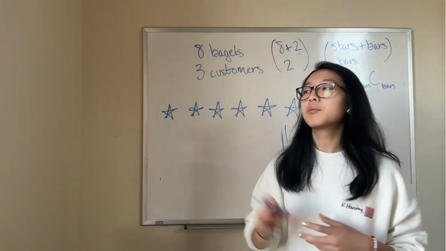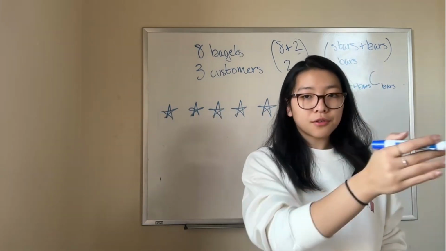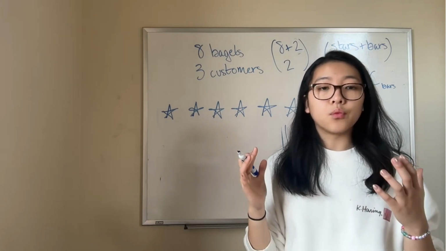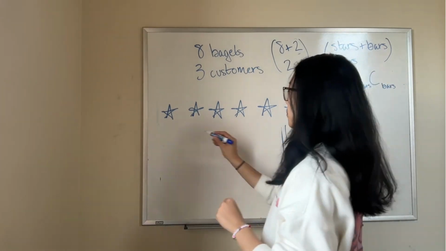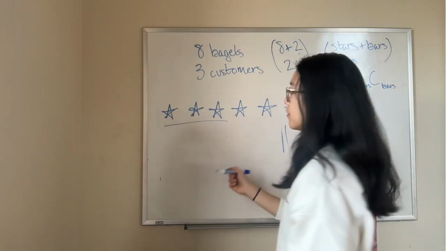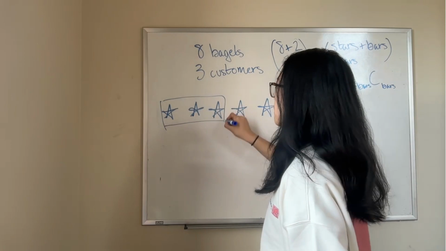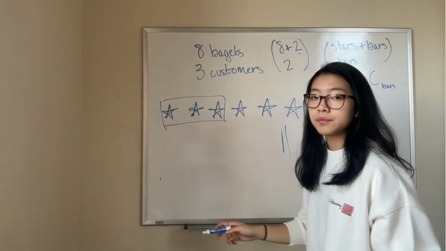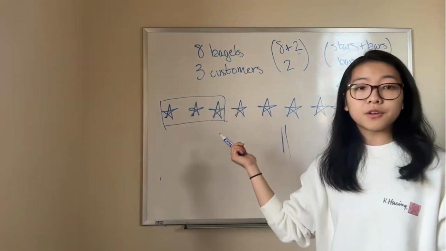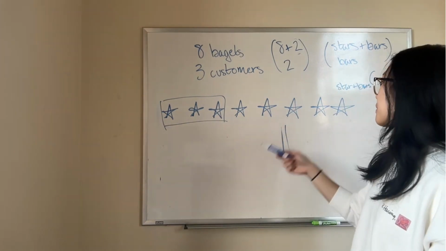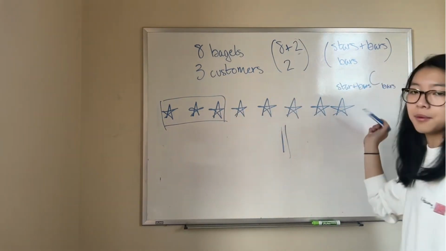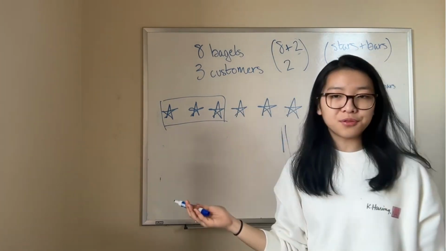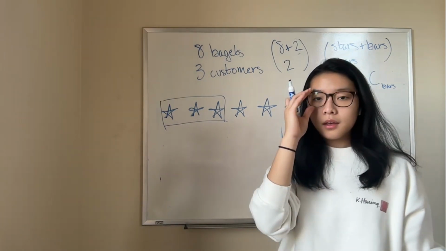That's like saying, okay, person 1 here's a bagel, person 2 here's a bagel, person 3 here's a bagel. And then what do we do with the leftovers? We already know 3 of these bagels' fates are determined. And it doesn't have to be the first 3. It can be the middle 3, the last 3, or this one and that one. It doesn't really matter, just any 3 bagels are now fixed.